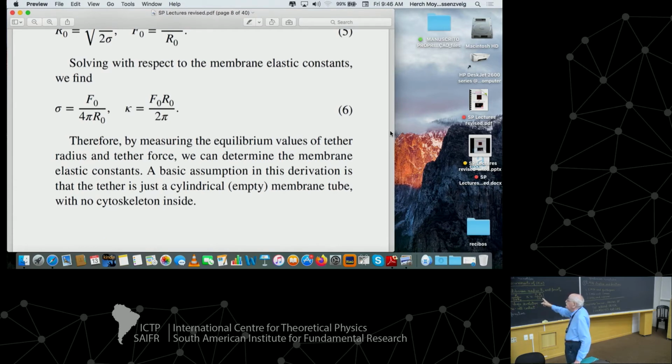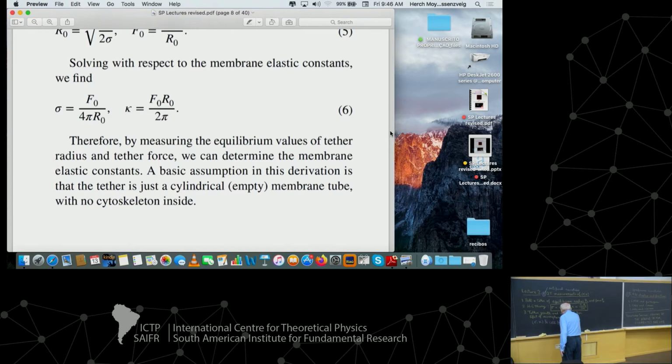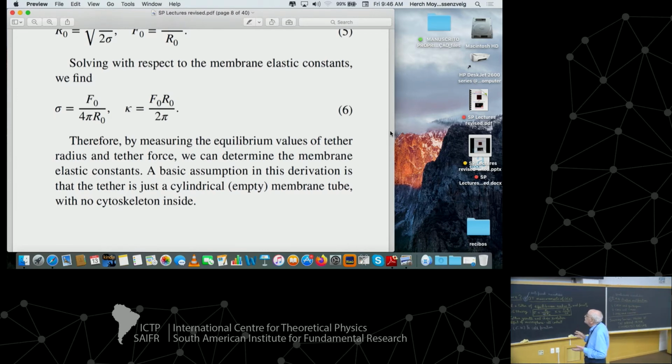Sigma is F0 over, oh, here it is written incorrectly, it's actually 4 pi R0, and kappa is F0 R0 divided by 2 pi. So by measuring these equilibrium values, you can determine the membrane elastic constants.